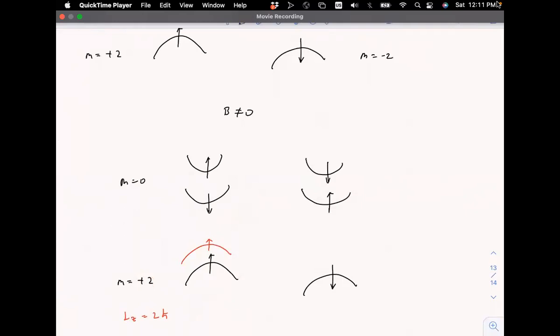So you shift up by 2 units of the Bohr magneton shift, because this is a classical angular momentum, not spin. And this is due to 2 units.